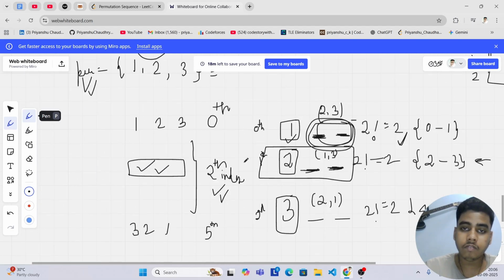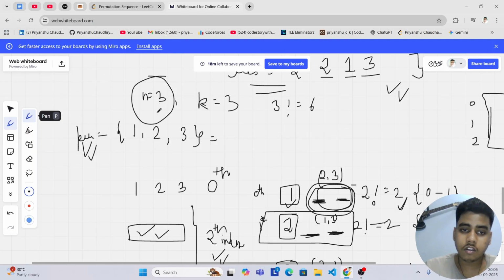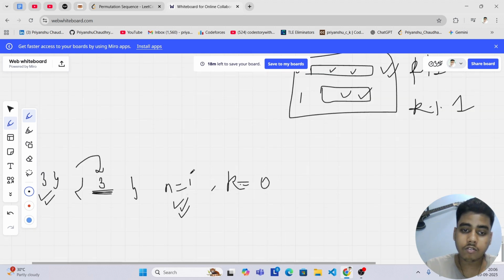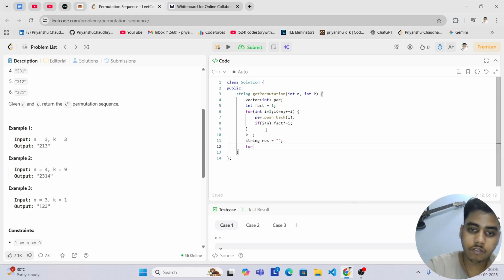So either we can use a while loop, or we can do this recursively, or we can use a for loop, because we are running from n is equal to 3, then n is equal to 2, then n is equal to 1. So I can use a for loop instead, starting from i is equal to n, then it will go up to i is equal to 1 and move.